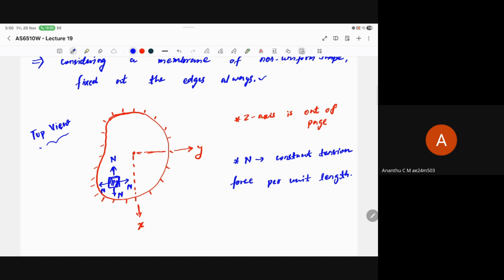If it were a string, you generally have the tension force along the string. Now we have a membrane, which is basically a string in 2 dimensions. So you are going to have a constant tension force in both the directions, x direction and y direction. This constant tension force is along the membrane, or in the xy plane.